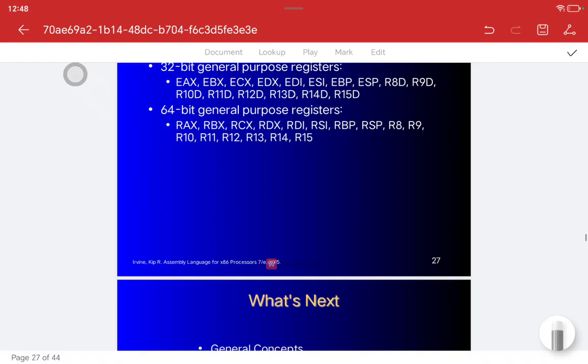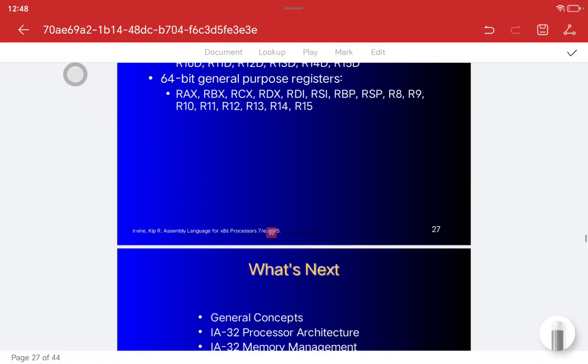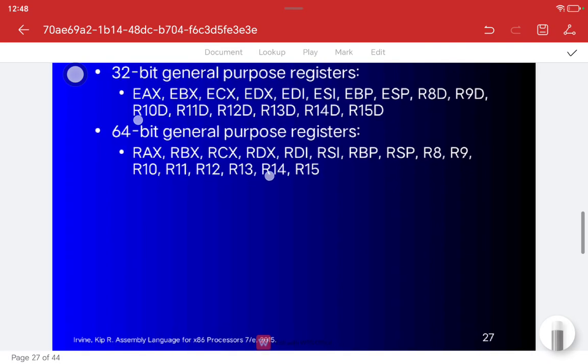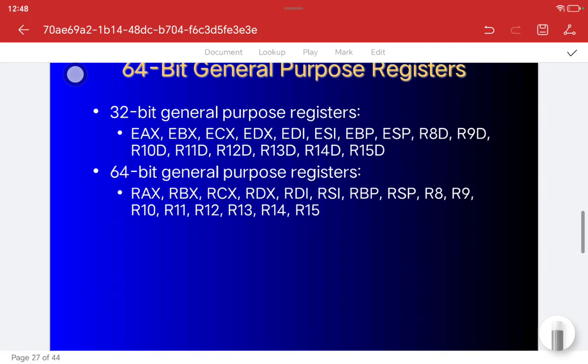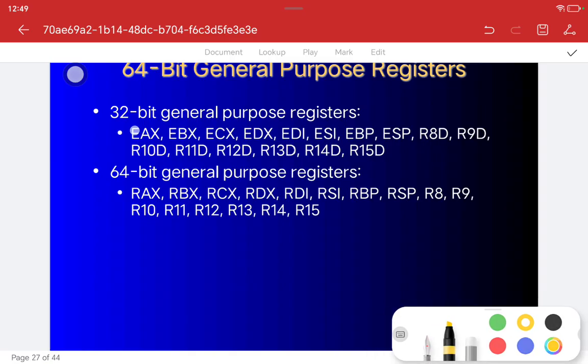We're also not going to discuss the 64-bit general purpose registers for the time being. But what I can tell you is that the 32-bit registers are represented by E. It doesn't change anything as long as you know the initial 32-bit registers.